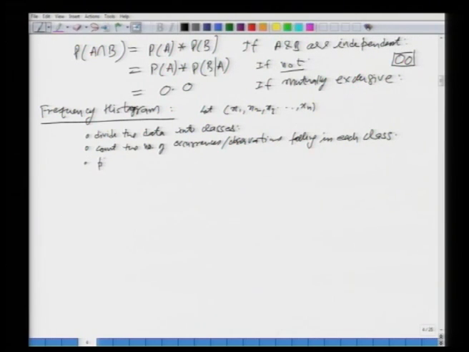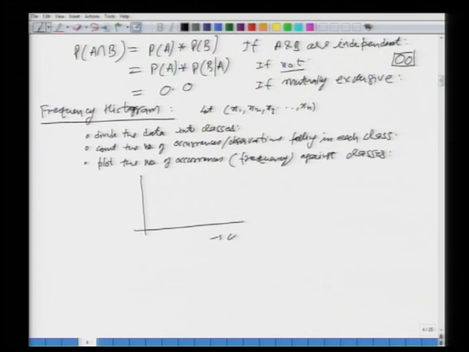you just plot the number of occurrences, which is called frequency, against the classes. So, it will look like this.